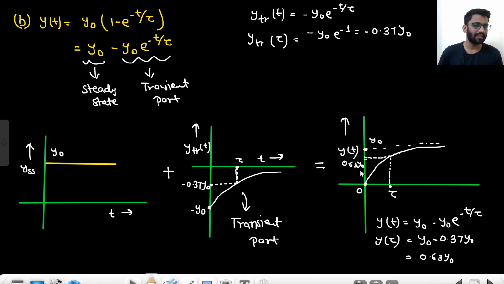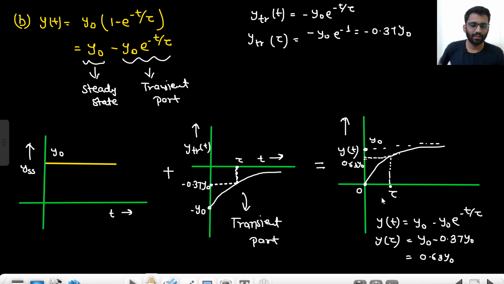It is going to 63% of its final value, but the transient response is getting decayed to 37% of its initial value. I hope you have understood the point. When we are defining the time constant, you only need to think about the transient response, not the steady state. Just subtract the steady state part, and only the transient response you will see. Initial value you will see, and 37% of its initial value you will see. That's it.